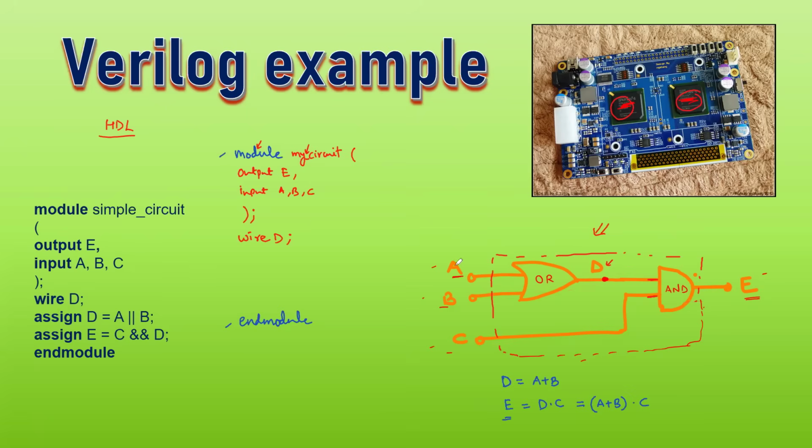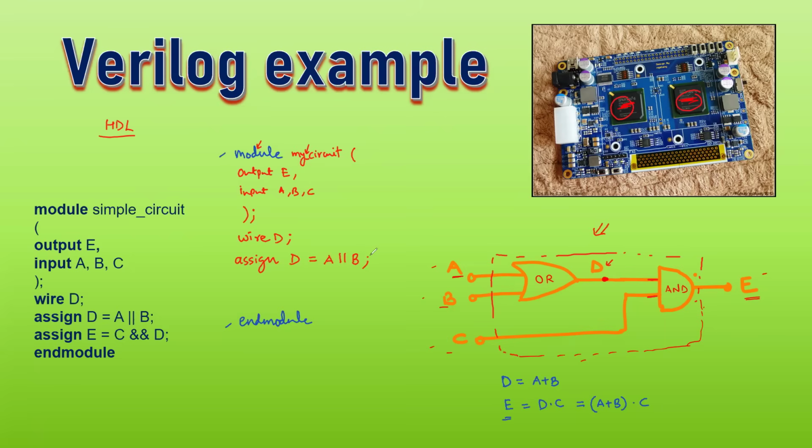So I am assigning the ORing of the two variables A and B to another variable called D. Similarly, I am assigning the ANDing operation of the two variables D and C to the variable E. So I will write here the construct, which is also in bold, assign. You can see that: D is equal to A or B semicolon.